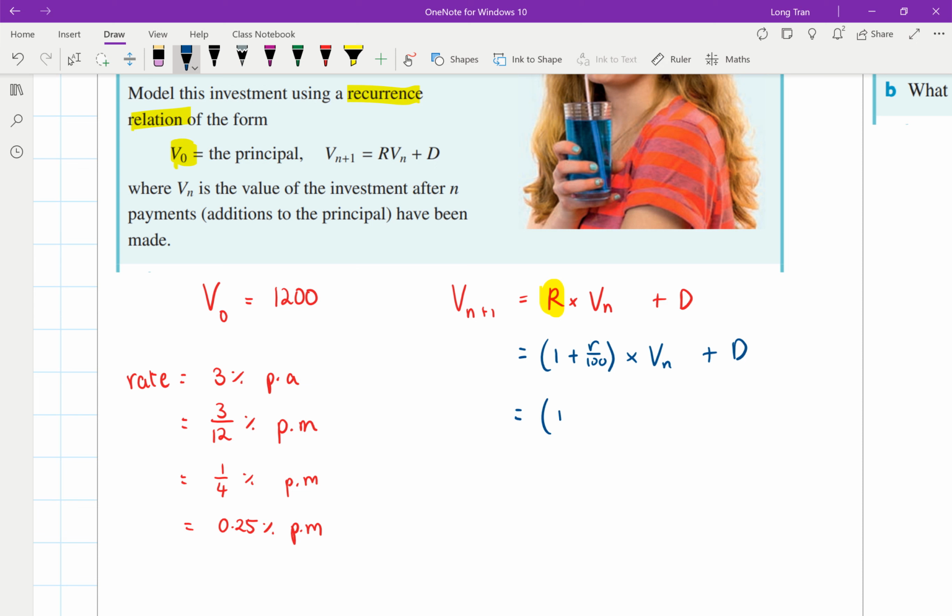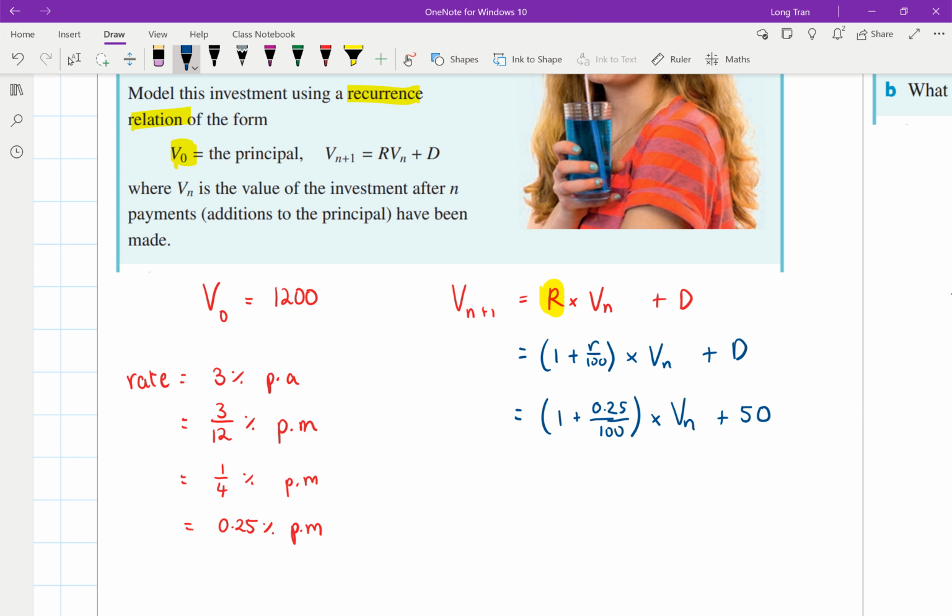Our rate was 0.25 over 100 multiplied to Vn plus, now our D amount is the amount that we're putting in. It's our additional payments. And so that is every month we're adding on an extra $50.